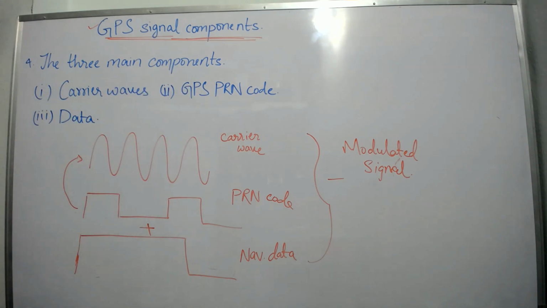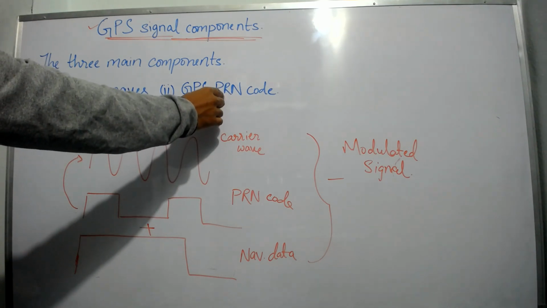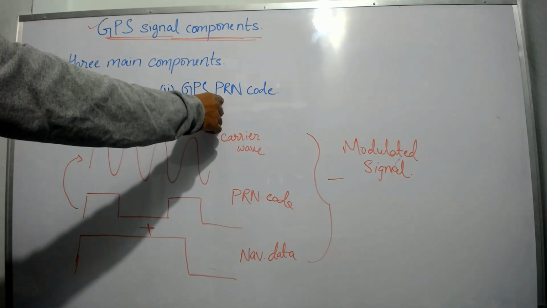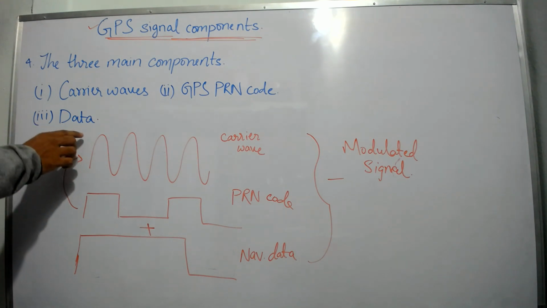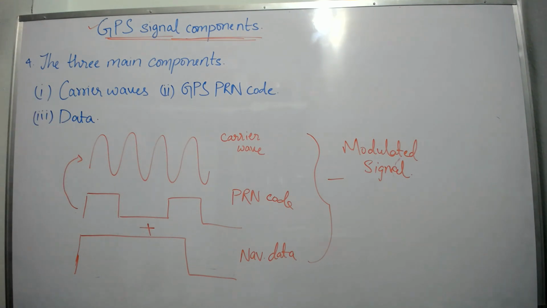It also provides the basic framework to acquire the signal by the user. That is the pseudo-random noise code. Then coming to the navigation data, which contains downlink system data, popularly known as the navigational message or nav data.